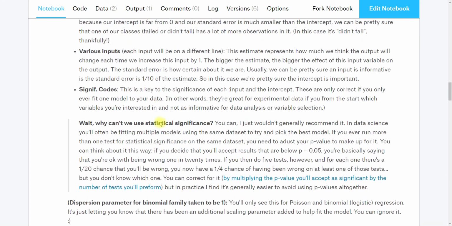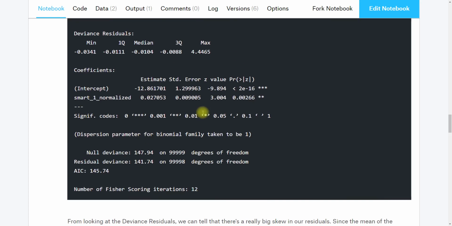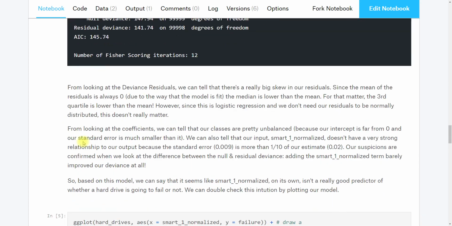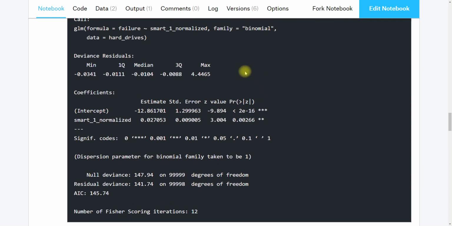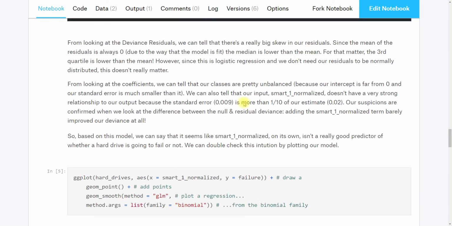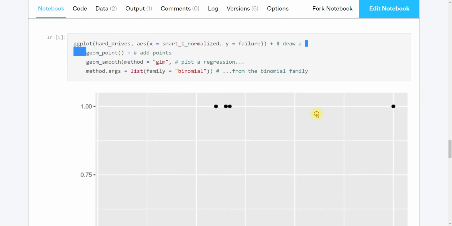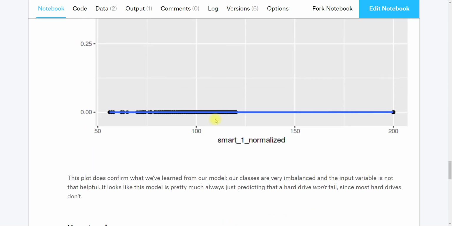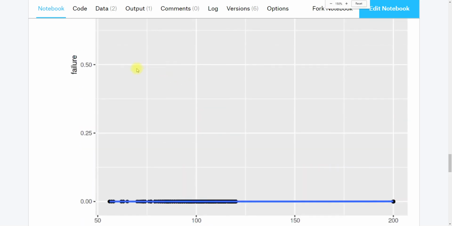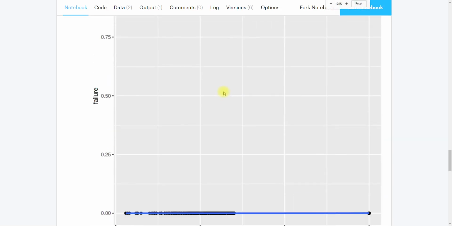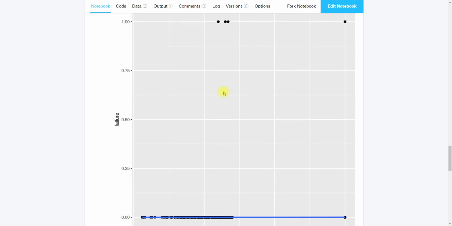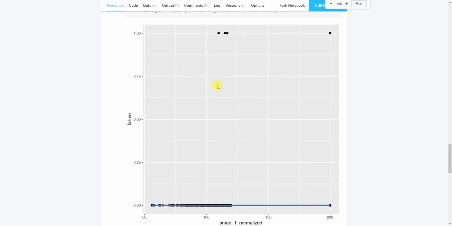Okay. So this is just the same thing again, and I talk about it in relationship to this particular data set. If we plot our data set, you can see these are the drives that were failures, and these are the drives that were not failures.